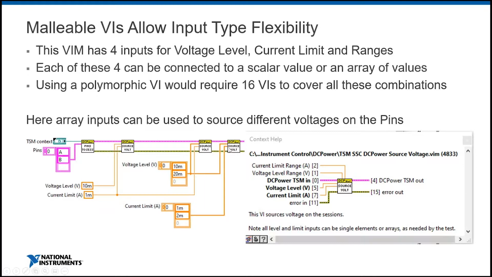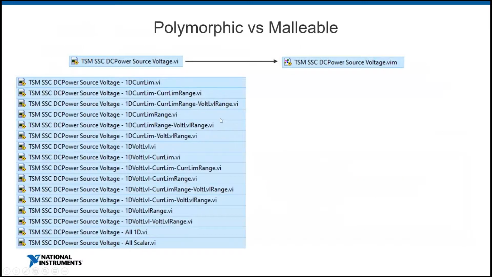And if you actually think about how many different combinations happen here, each of these inputs is malleable in terms of scalar to array. So I could have this case, which is two scalars. I could have this case, which is an array and a scalar. I could have this case, which is two arrays. And I can have all additional combinations for these limits, or these ranges as well. So that's actually 16 different instances that one VI is handling.